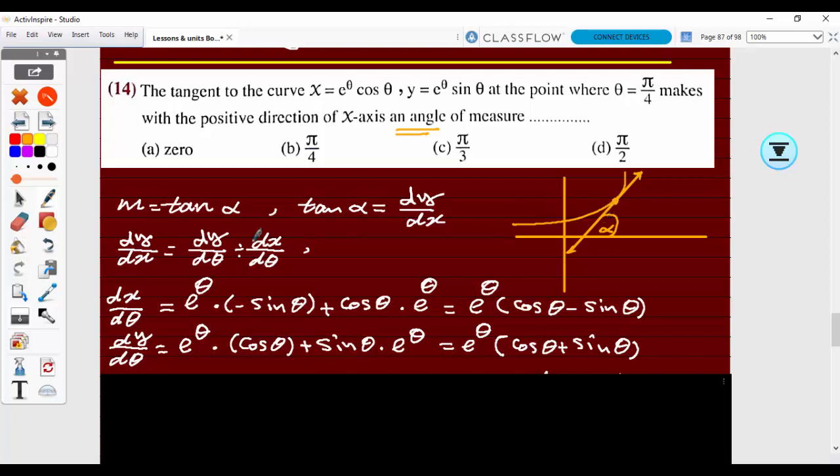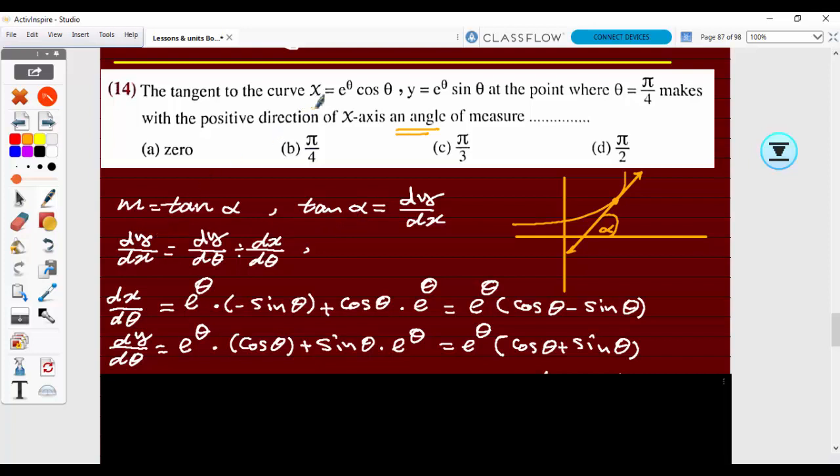Again m equals tan alpha. m is the slope of the tangent, as I said before, and tan alpha equals dy/dx. Of course, if we get tan alpha, we can calculate the measure of the angle alpha, the inclination angle. So how do we calculate the first derivative?